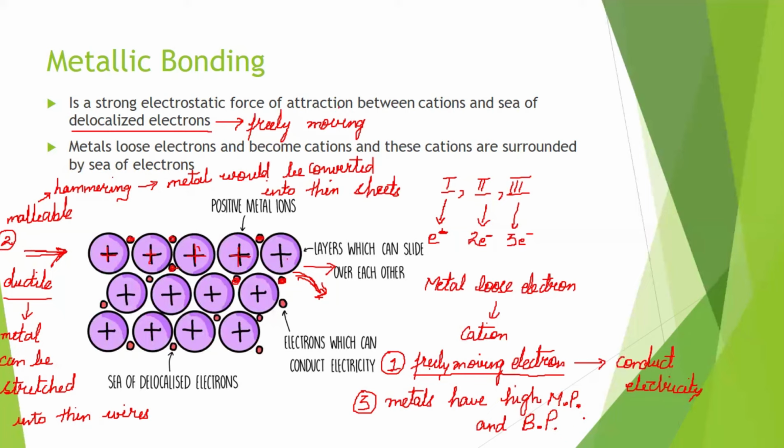Because of the strong electrostatic force of attraction that is present between cations and the sea of electrons. Because of this property, we say that metals have high melting and boiling points.